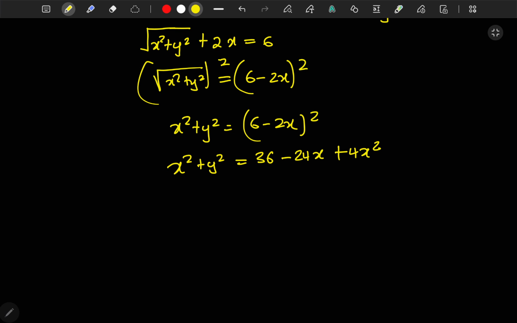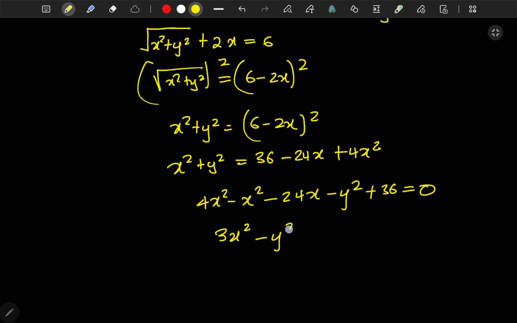Then rearrange everything: 4x squared minus x squared minus 24x minus y squared plus 36 equals 0. I end up having 3x squared minus y squared minus 24x plus 36 equals 0.